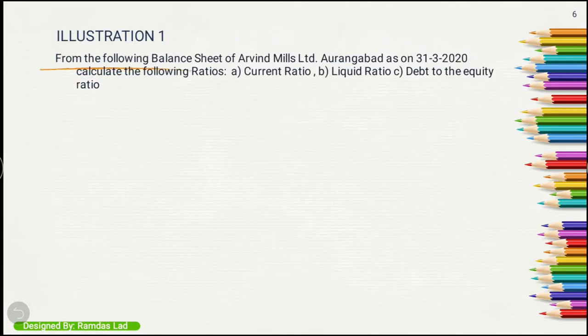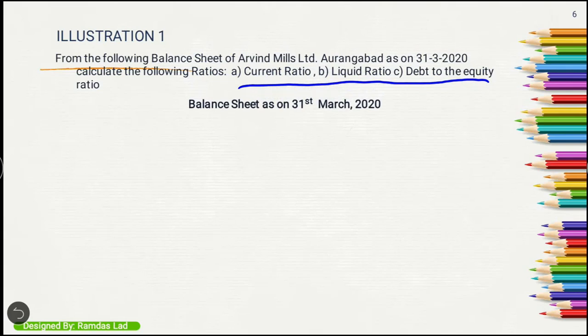The problem is: from the following balance sheet of Arvind Mills Limited, Aurangabad, as on 31st March 2020, calculate the following ratios: A. Current ratio, B. Liquid ratio, C. Debt to equity ratio.